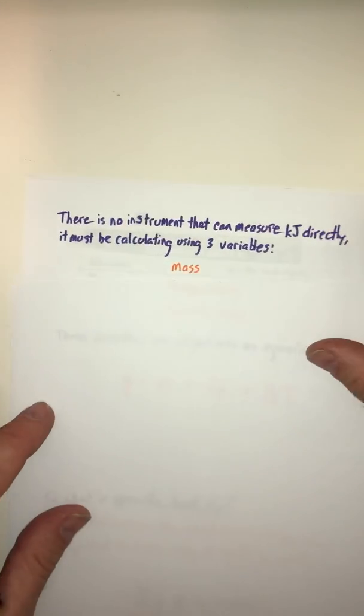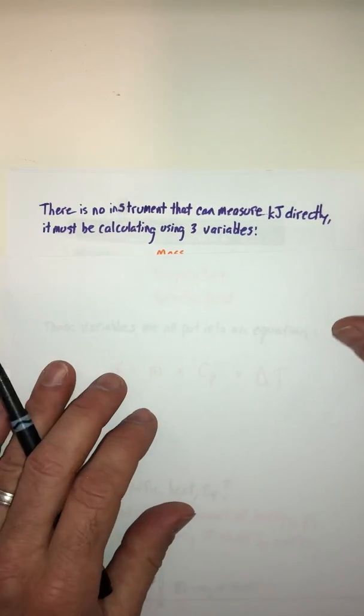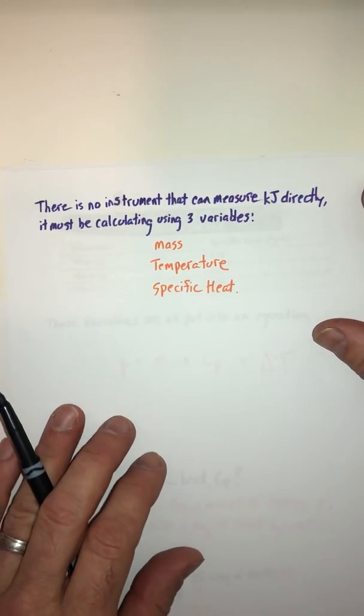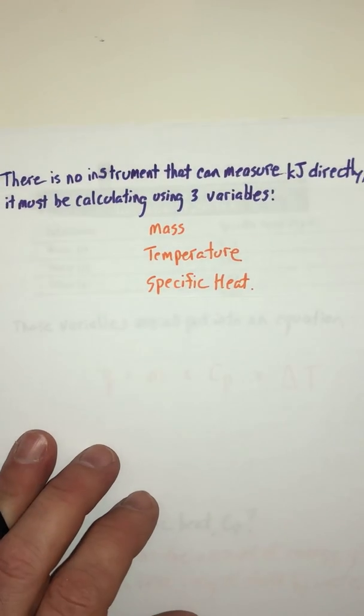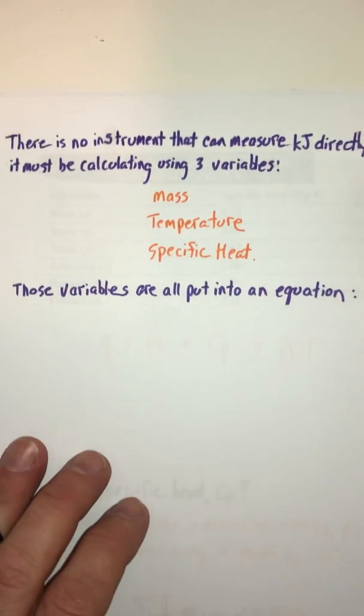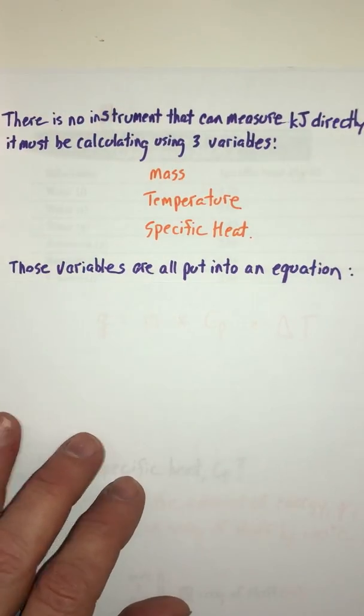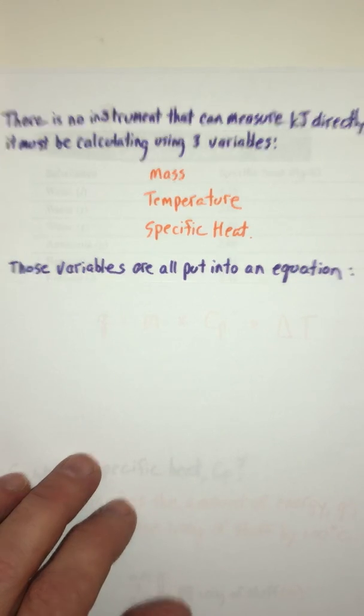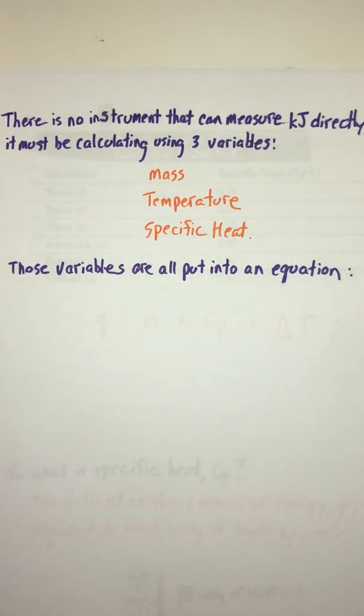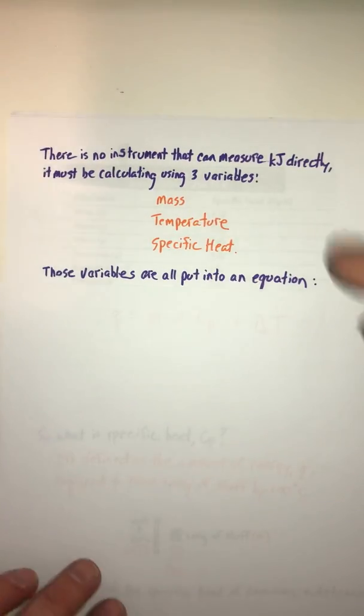Okay, so the calculation that we use to come up with kilojoules is based on 3 variables. And these are the variables. So we can put all of those variables into an equation. There we go.